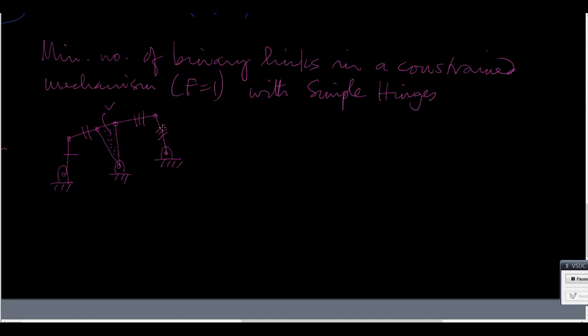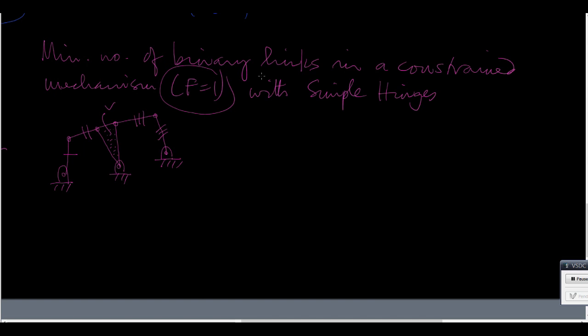See, mechanisms with more than 4 binary links, yet F equals 1? That's a question. When we are looking at questions like this, we are trying to understand how many different types of mechanisms can be formed, which are relatively simple, but they sort of help us understand the constraints that we must work under or the possibilities that we have. Okay, so what is the minimum number?